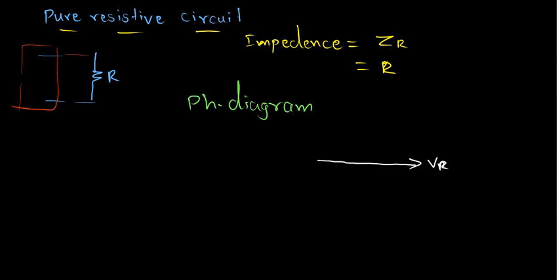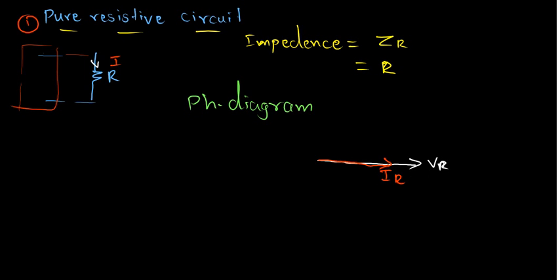The current through this resistor I call I, and it is drawn like this, because the current of a resistor is not leading or lagging the voltage. When we see the other circuits, you will get a clearer knowledge about that. This is the first one.